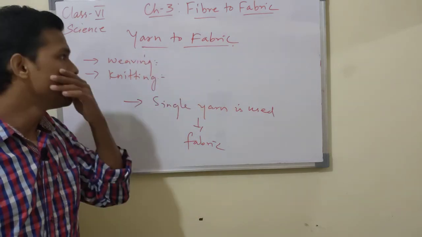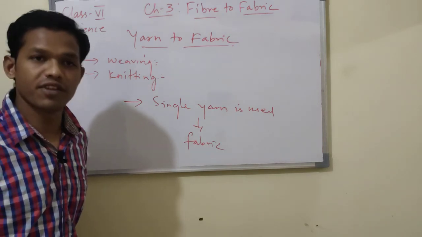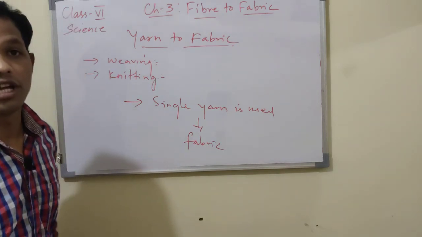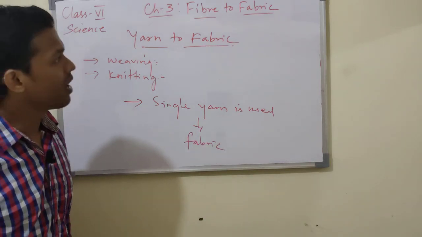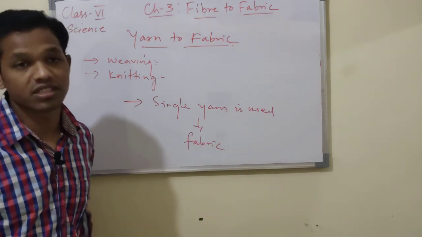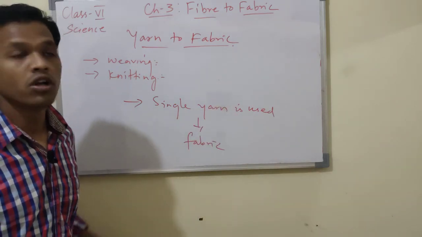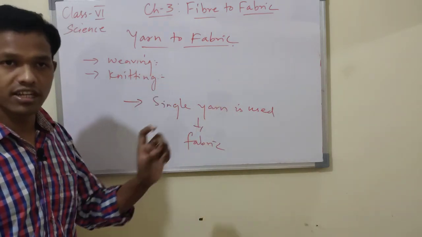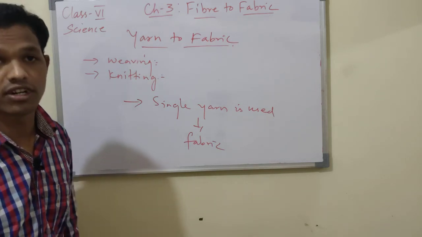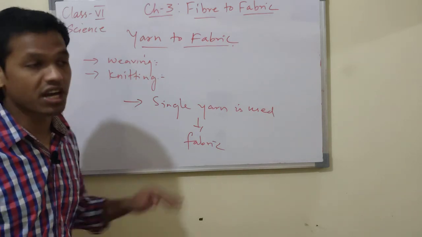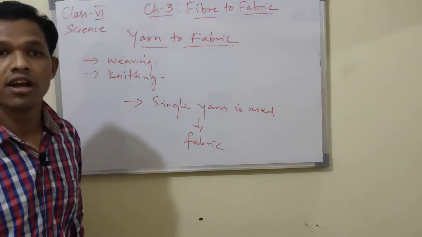This is the information regarding how fabric is formed from plant sources. Next, in 7th class you will study how fibers are obtained from animal sources. Then in higher classes you will study the natural fibers you already studied in 6th and 7th class, and next artificial fiber, known as synthetic fiber, and how it is made in factories.